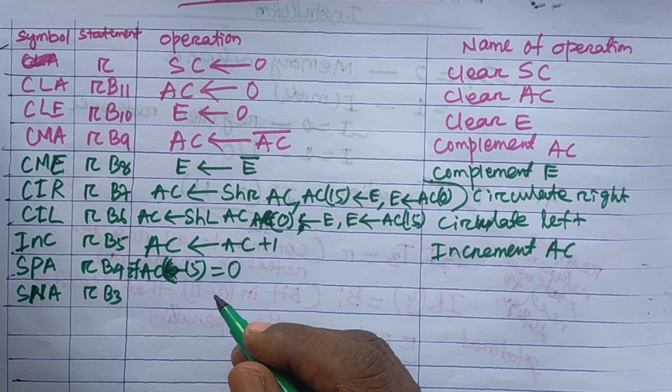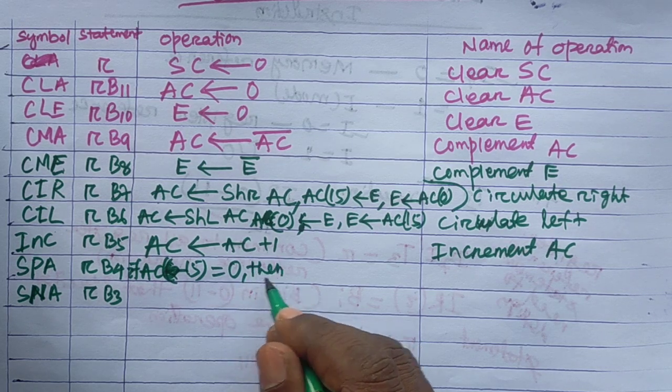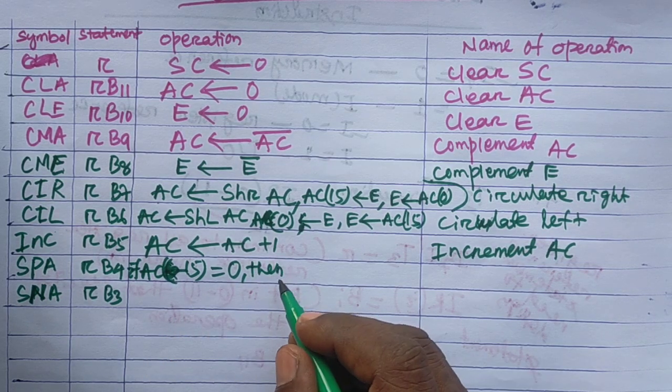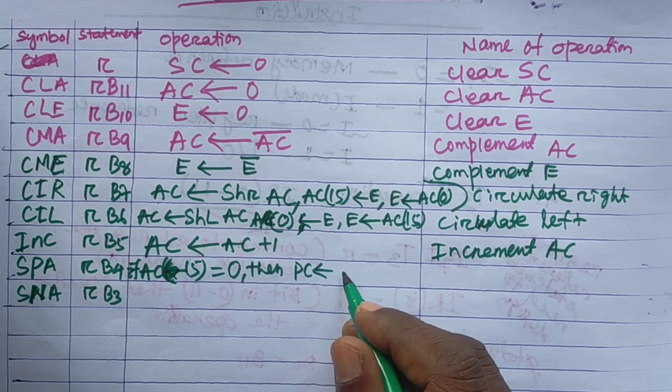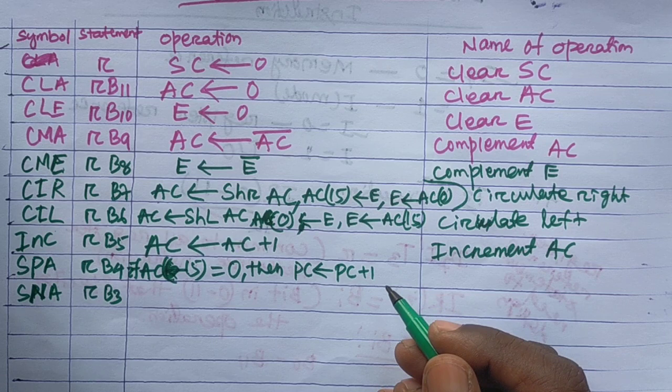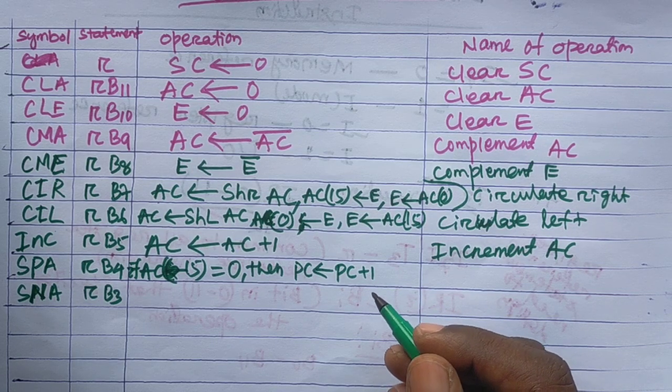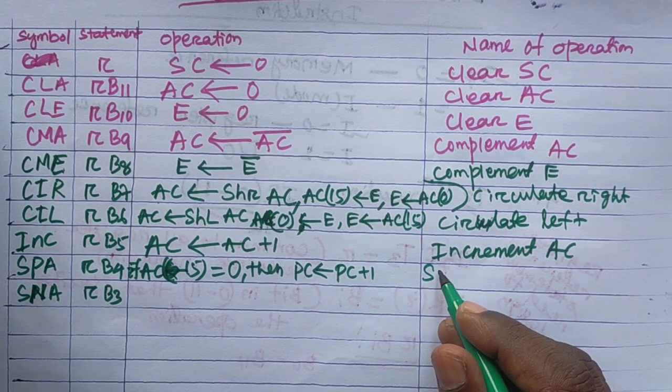Then PC is incremented, PC transfers to PC plus 1. In that case, what happens is a skip.